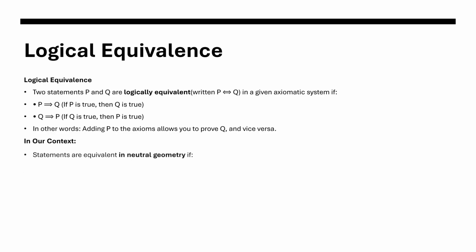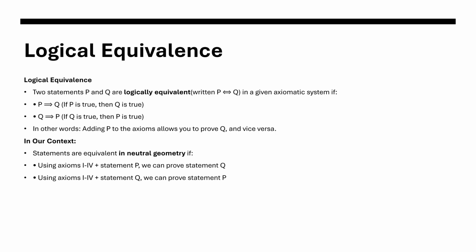So in our context, statements are equivalent in neutral geometry if using axioms 1 to 4 of Hilbert plus the statement P, we can prove statement Q, and using axioms 1 to 4 plus statement Q, we can prove statement P. An example for that: the angle sum is equal to 180 degrees, double implication, rectangle exists.